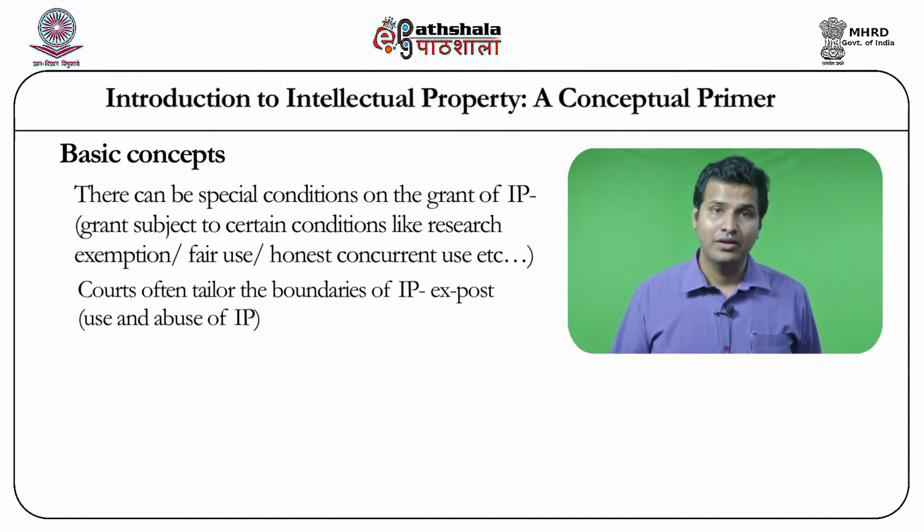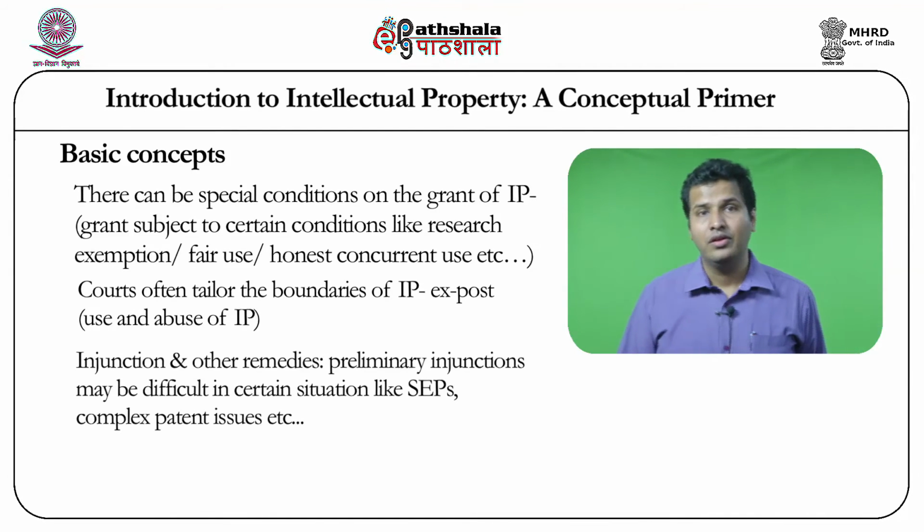So until then, copyright requires a very basic minimum level of creativity, which is called the criteria of originality, which only when challenged in the court of law can be conclusively determined. So courts can often tailor the requirements of monopoly and also tailor the boundaries of intellectual property.